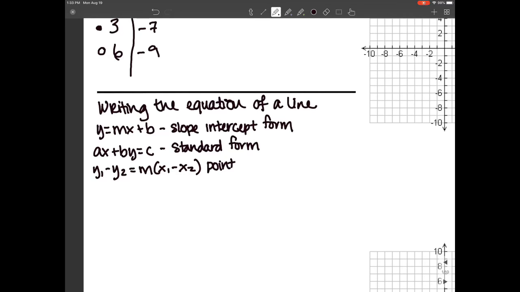Slope-intercept form, I think, is probably the easiest. It's the one that everybody recognizes and has seen before. Would you all agree with me on that one? Yeah? Standard form we're going to actually deal with later on. And point-slope form is one that you may have learned in the past and you may really like it. I hate it, so we're not going to do that one.